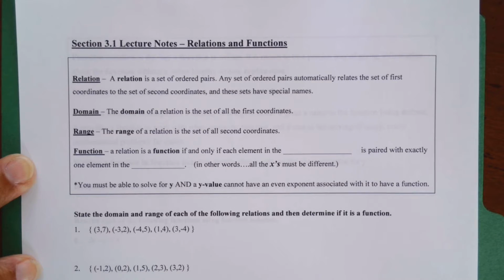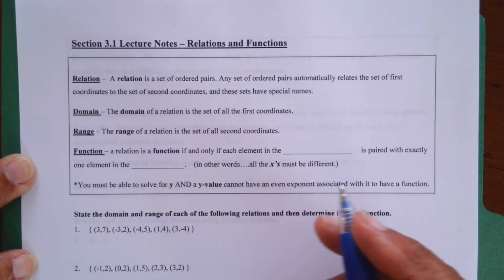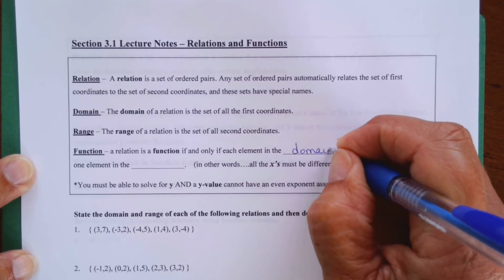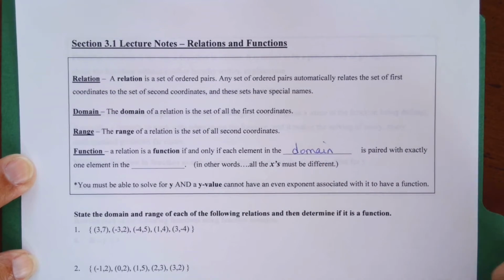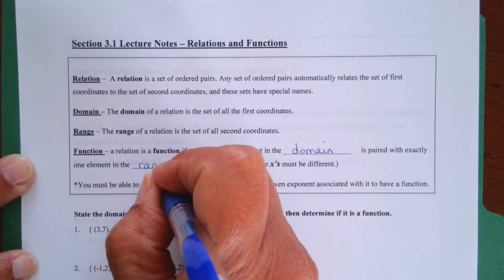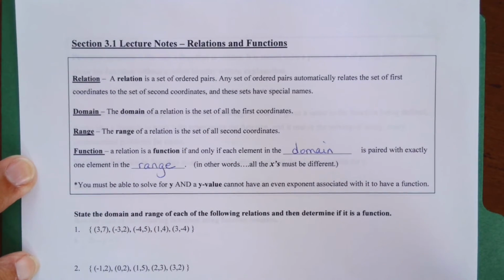Okay? So the definition for function says a relation is a function if and only if each element in the domain, so we're going to fill that in, is paired with exactly one element in the range. Okay?